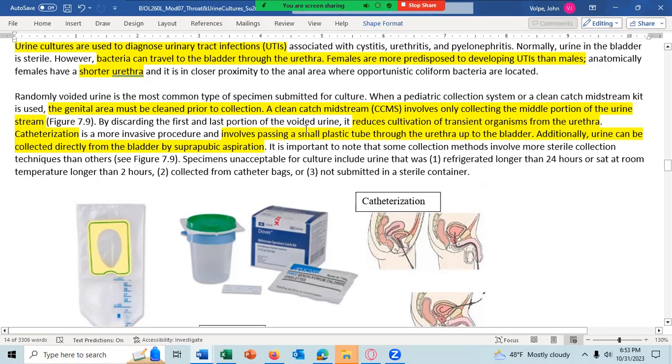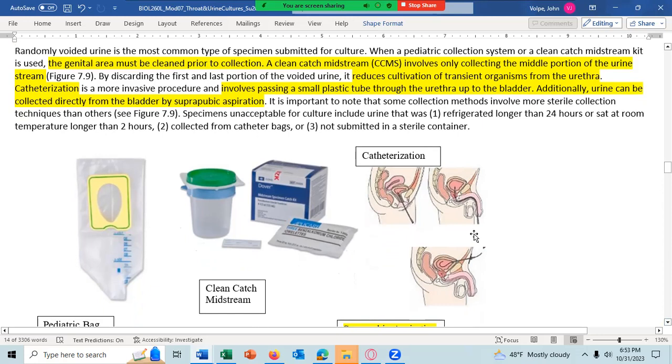This we call clean catch midstream, involving collecting the middle portion of the urine. That way there will be fewer bacteria coming from the urethra, because the urethra in both males and females is colonized by bacteria. And so there will be bacteria in a clean catch midstream.